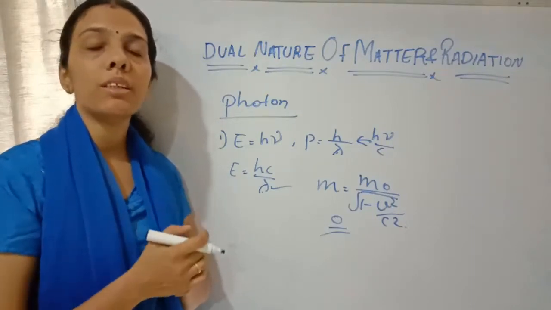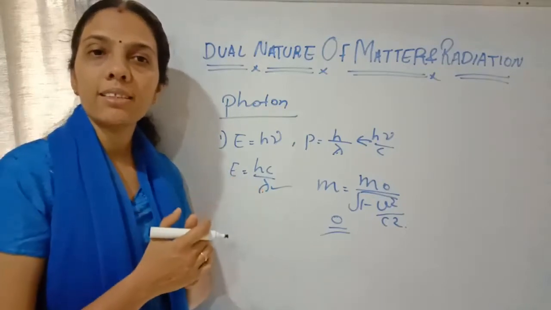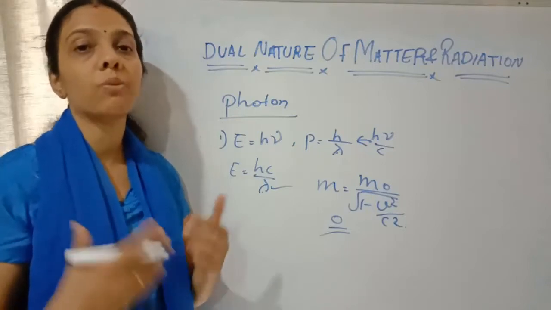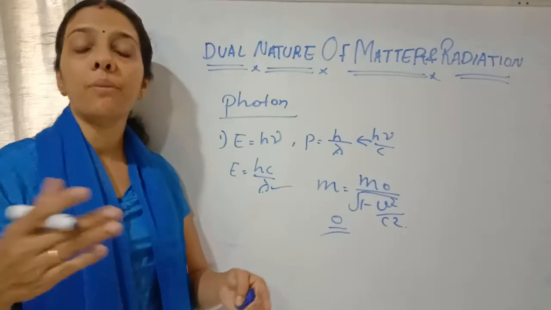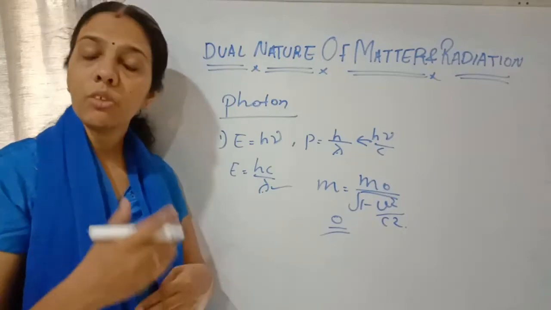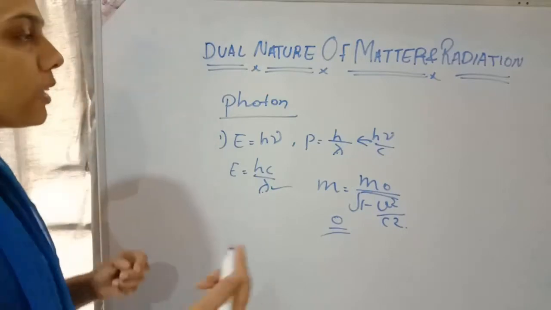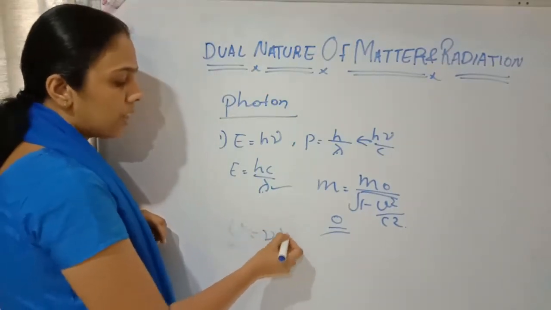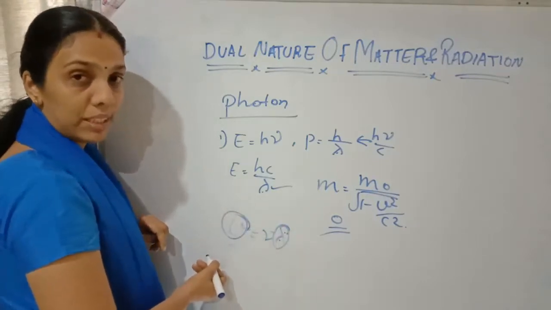And what about the speed of the photon? The speed, or velocity, of the photon will be varying since the wavelength is changing. Velocity v is equal to nu lambda. If lambda is changing, according to that, the velocity of the wave will be changing.